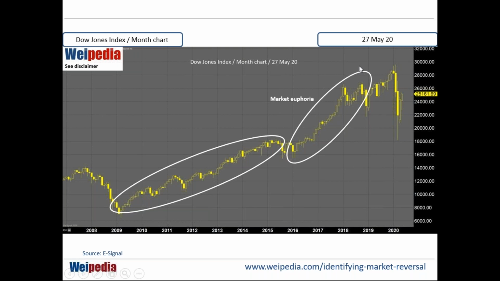Now we are going to study this period, a very interesting period, the market euphoria. What do I mean by that? It was triggered because Donald Trump won the election in November 2016. Then of course he promised a 20% tax cut, and it happened. So the market rallied.